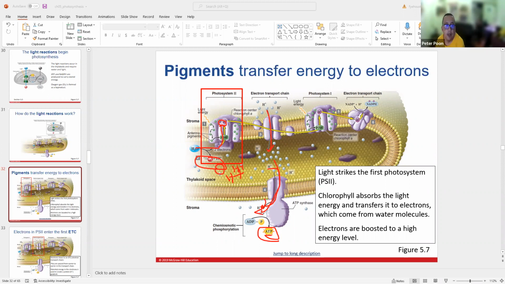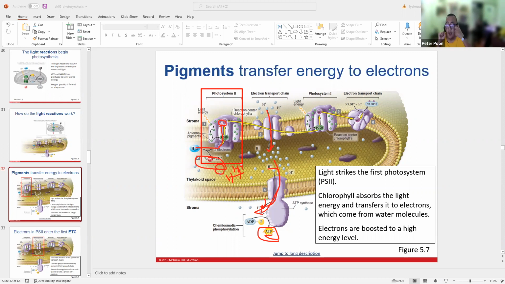ATP synthase is an enzyme that makes ATP. The way it works, it takes a hydrogen and passes it through the molecule. The thing has a little turnstile to it, just like when entering Dodger Stadium or Staples Center, or Crypto.com Arena now.